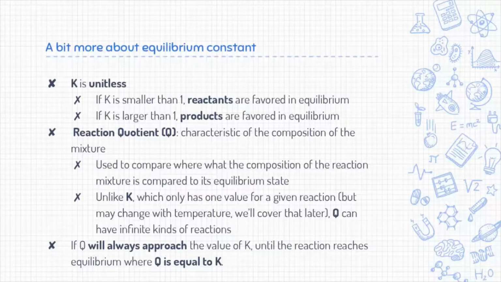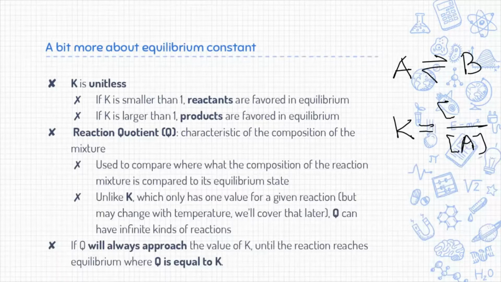This also makes sense if we give an example for a reaction where A and B are in equilibrium, then the K would equal B over A if we assume this is an aqueous solution.